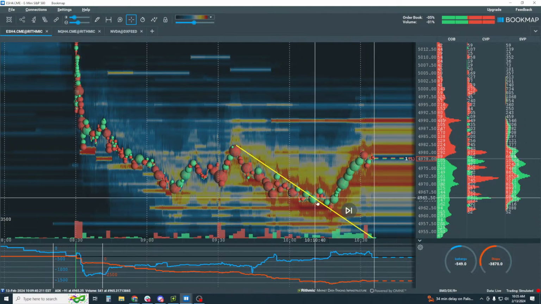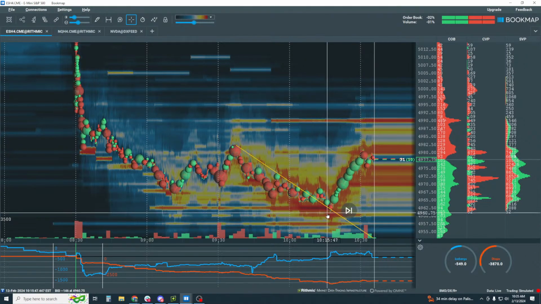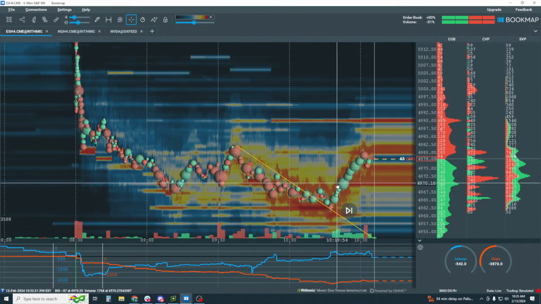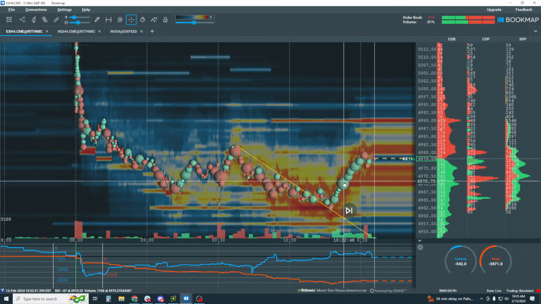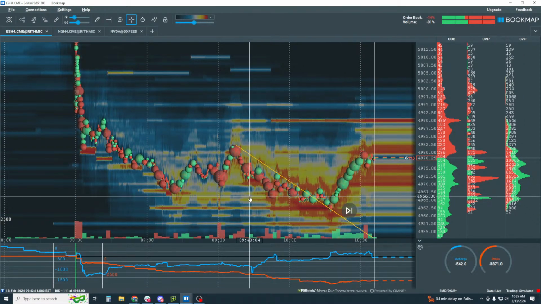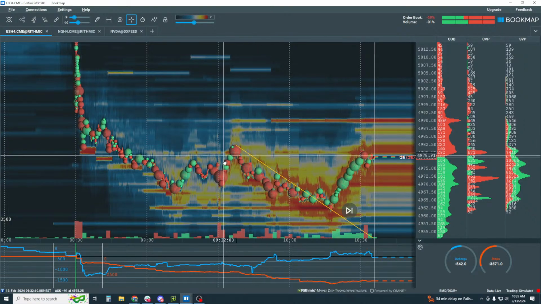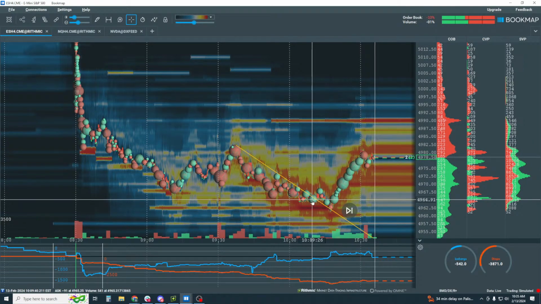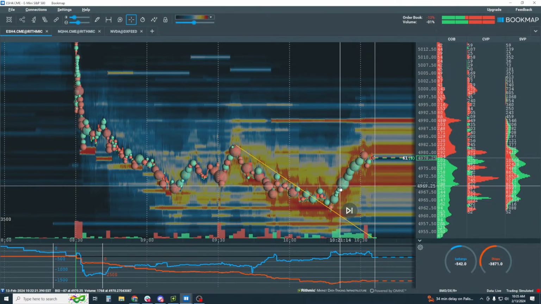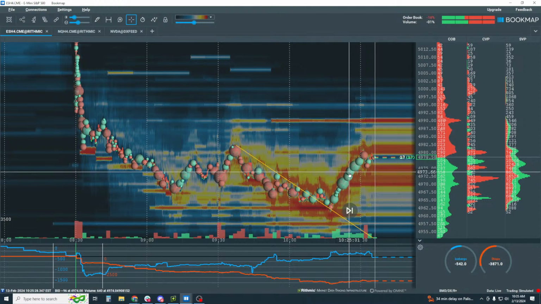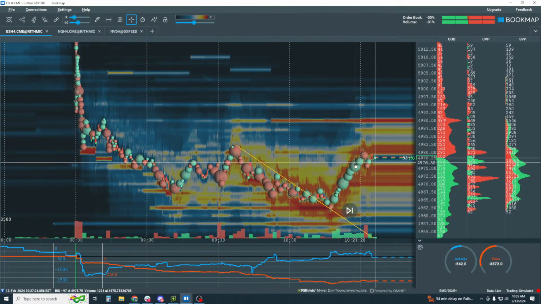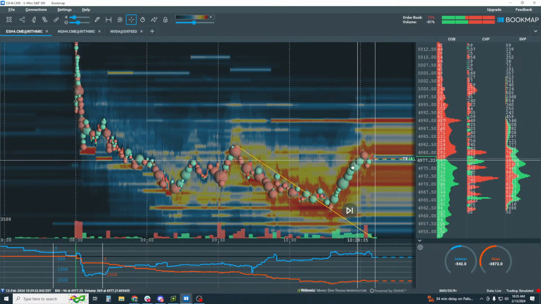Well, first we were looking for it to continue on down. Then we saw the buyers come in, and now we're like, okay, looks like the buyers are telling us that this bar is overextended, and there's a lot of sellers in here that are going to get stopped out. So you can see the buying hand over fist in here. And we're looking for that move back up at that point.